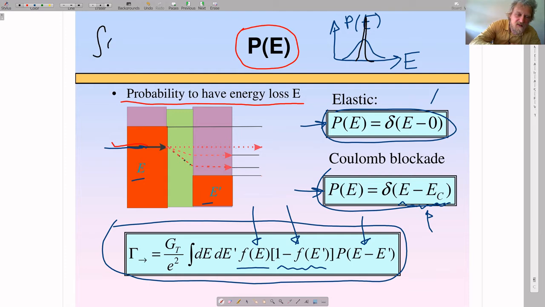So eventually the integral over energy for this probability must be one, right? There must be some energy loss, either zero or non-zero, whatever. So in total the integral over this distribution must be one.